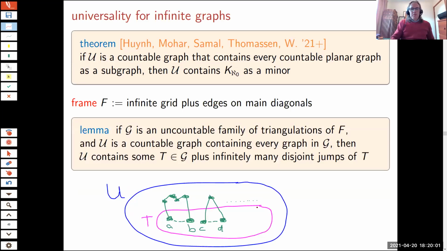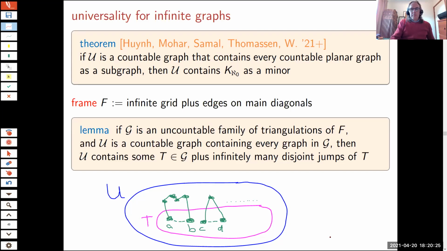So what we then prove is the following lemma, and it says if G is any uncountable family of triangulations of the frame, and U is a countable graph containing every graph in G, then this U must contain some triangulation T in your class plus infinitely many disjoint jumps of T. So what are these disjoint jumps? This is what's shown in green here.